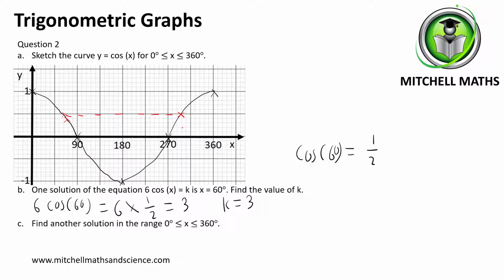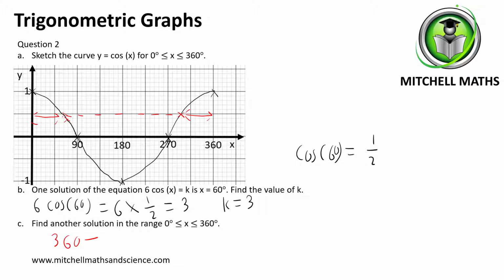In order to find that value, we would need to do 360 minus something, and you can see that the graph is symmetrical. So if the distance from here to here is 60 degrees, the distance from here to here is also going to be 60 degrees.